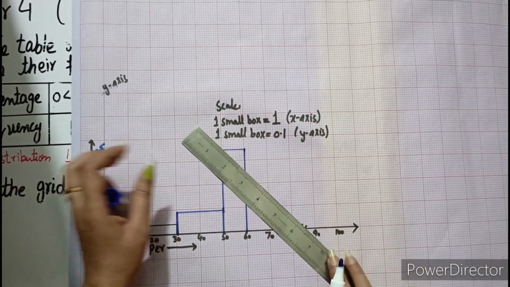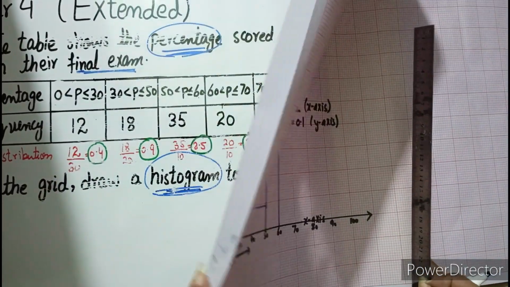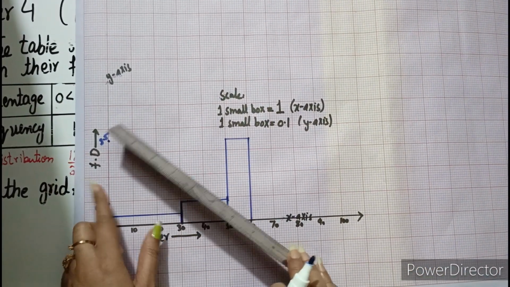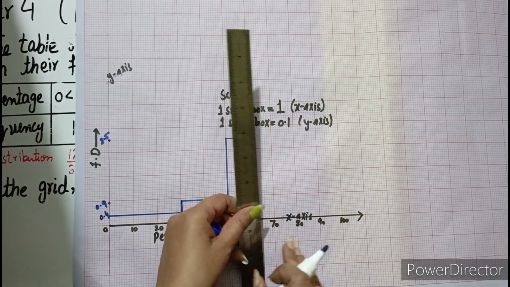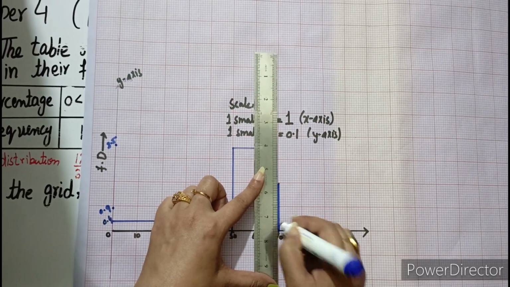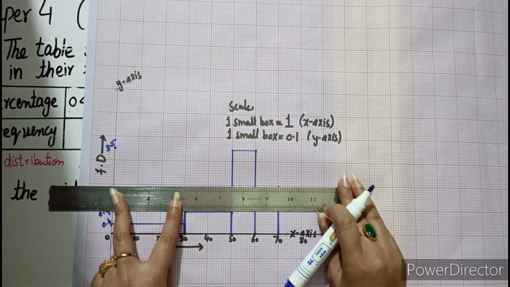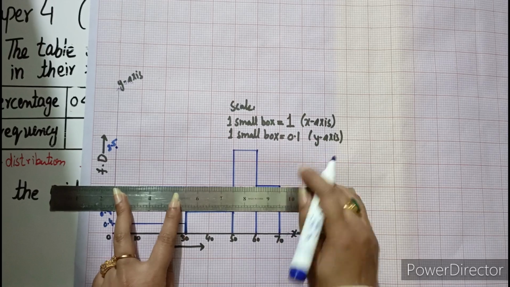In the same way, you have to take frequency distribution 2 from 60 to 70. This is 2 and this is 70. You have to draw the histogram like this.